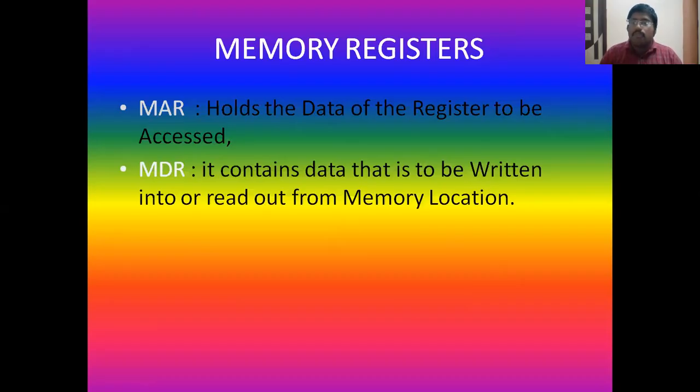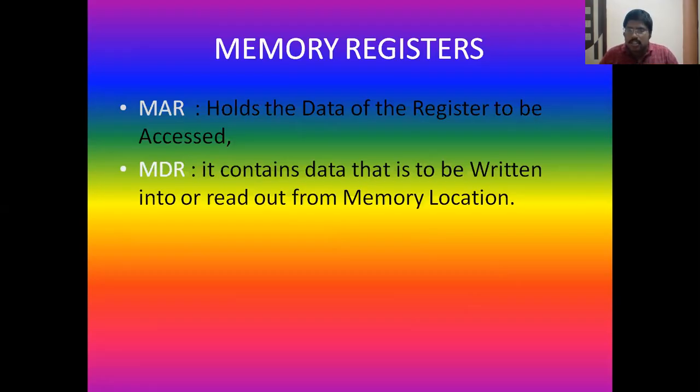That means from which register we need to take the data, or to which register we want to store the data. That particular register will be controlled by the memory address register. Whereas the memory data register contains the data which is taken from a particular register or which is going to be stored into a particular register. That is the difference between memory address register and memory data register.